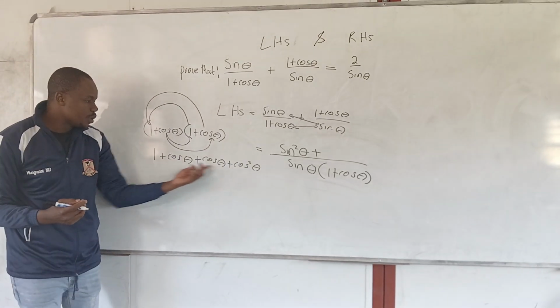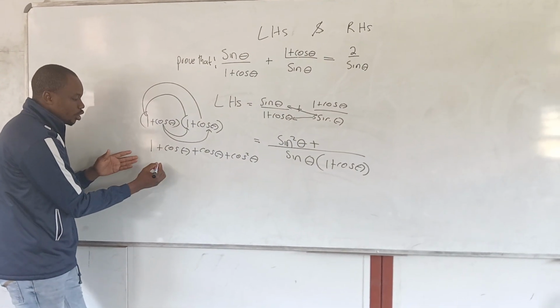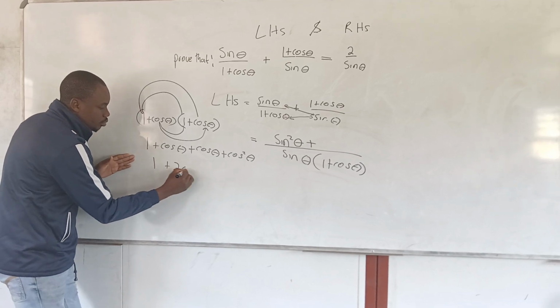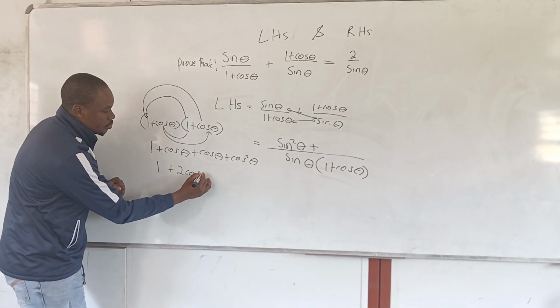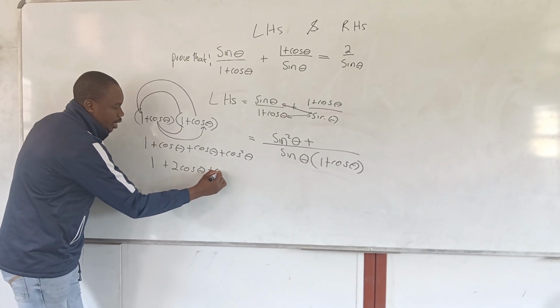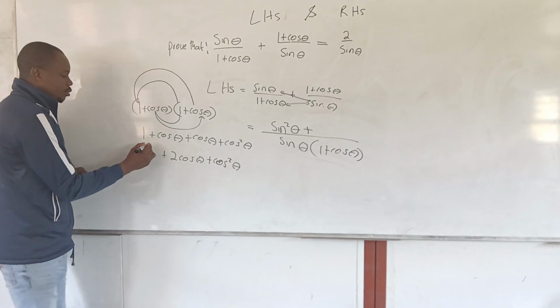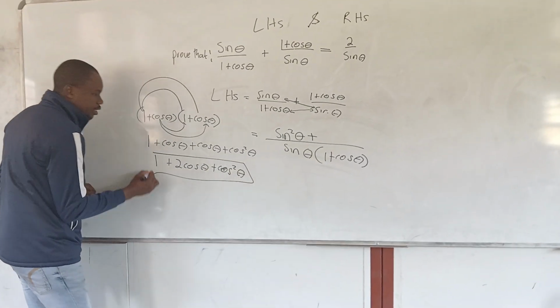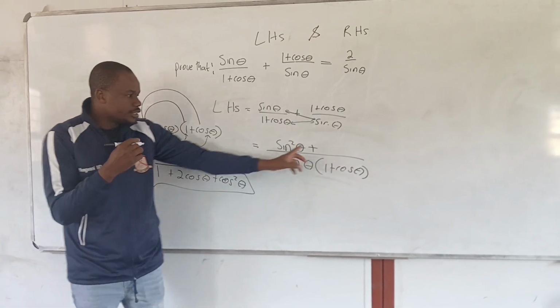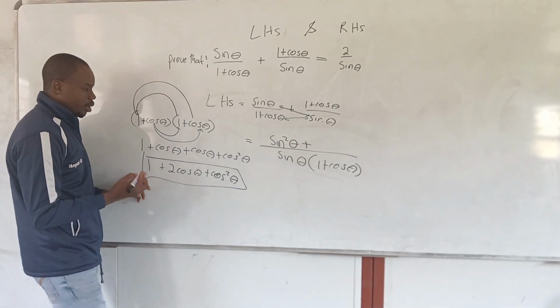Now you need to add the like terms. It means you're going to remain with 1 plus 2 cos theta plus the cos squared theta. So this is what I'm going to write.